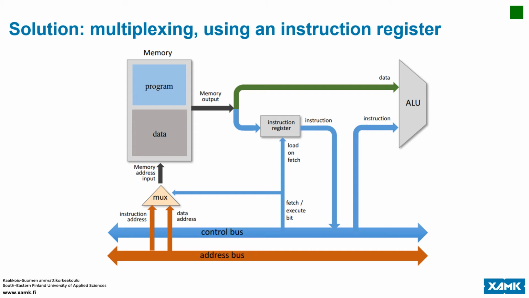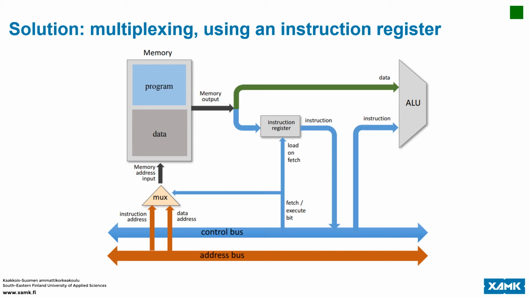So this fetch execute bit that comes from the instruction register is used to select between inputs from the control bus and the input from the address bus. And again here, the control bus contains instruction addresses that point to lines of program code or machine code, and addresses of data in the address bus.